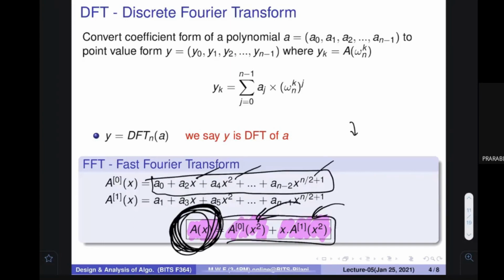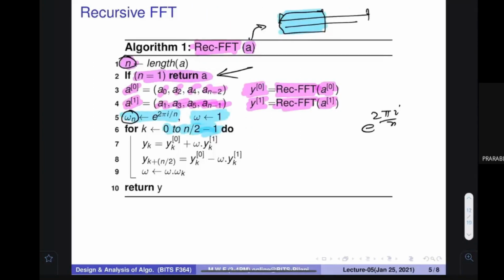For the first half you are going to discover the values. Whenever you discover this value, immediately you can find out the other value using the halving lemma that we saw just a few minutes back.